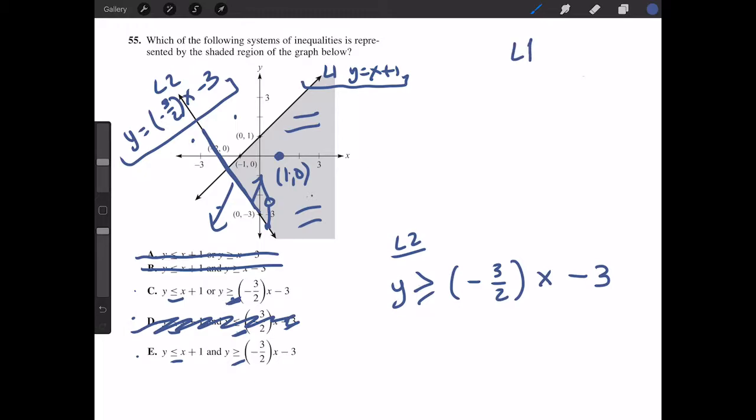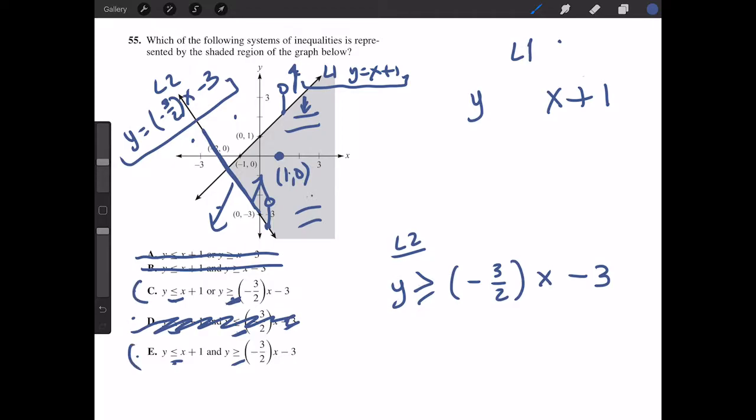Now, let's focus on the other line, line 1. Well, you do a similar exercise. Imagine yourself standing on the line and ask yourself, is the shaded region above or below the line? If it's above, then it's greater than. If it's below, it's less than. In this case, the equation is y and then x plus 1.